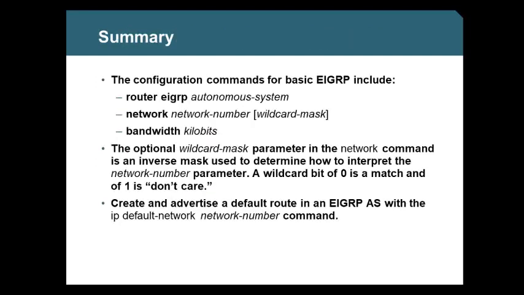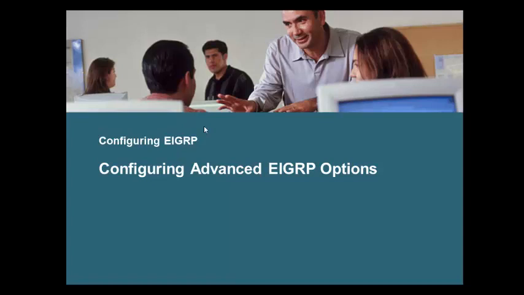Right, so this chapter was about basic EIGRP configuration, IP default network, and show commands. In our next chapter, we are going to see advanced EIGRP. What do we learn in EIGRP Advanced?